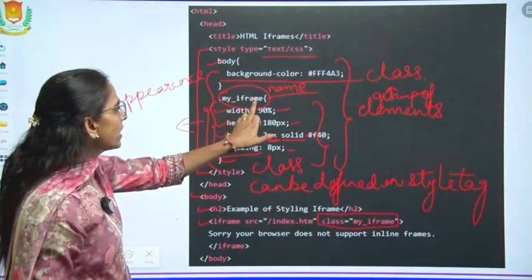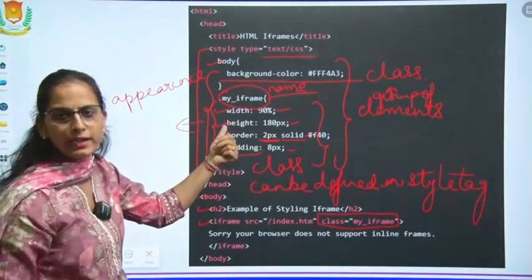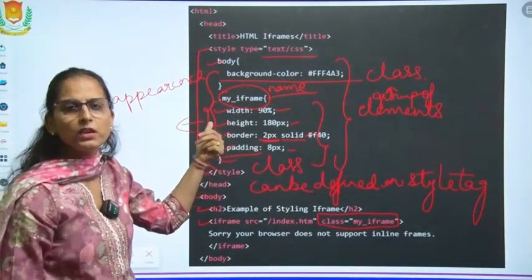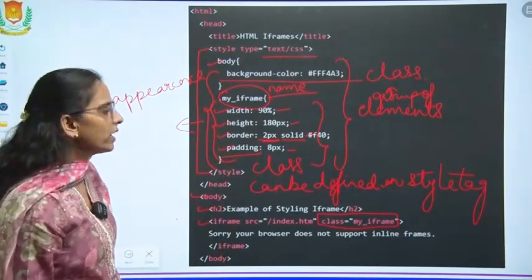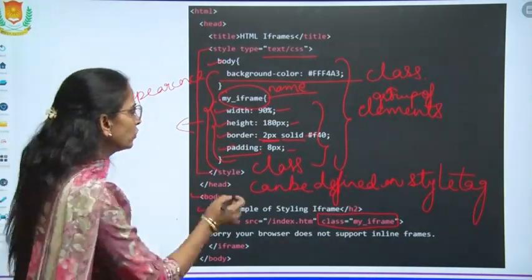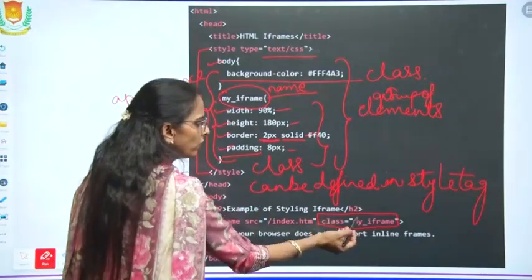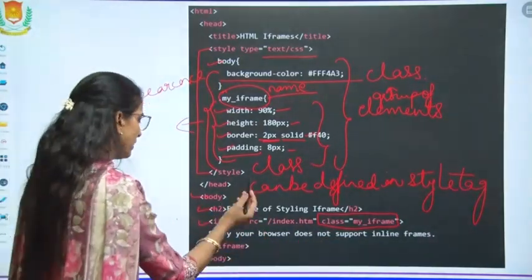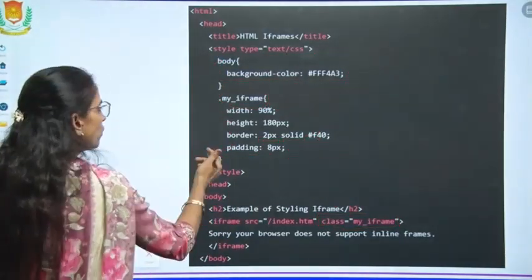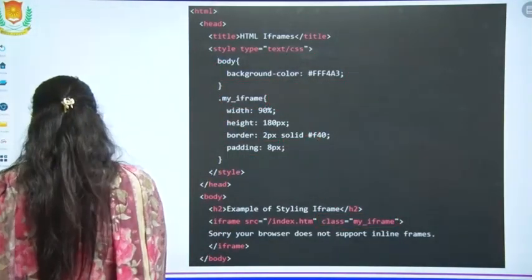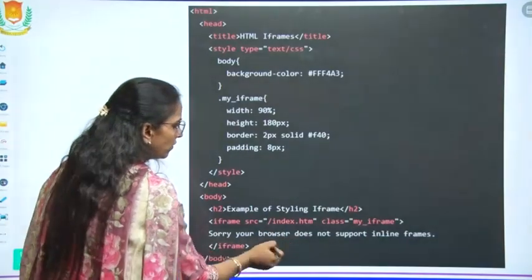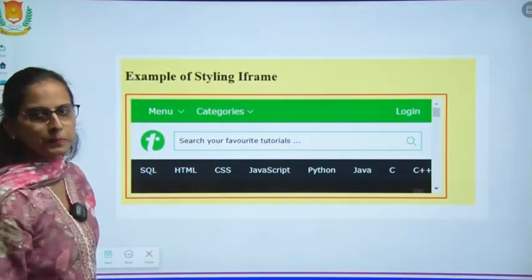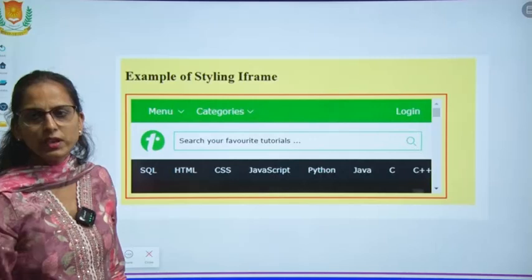My underscore iframe is defined in the head section using the feature CSS. So as you call it here, class equals my iframe, it will show you the output. All these features will be applied on your frame. See, this is the way we can specify.